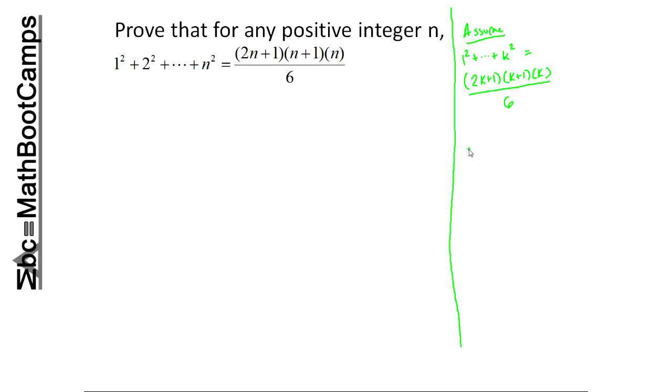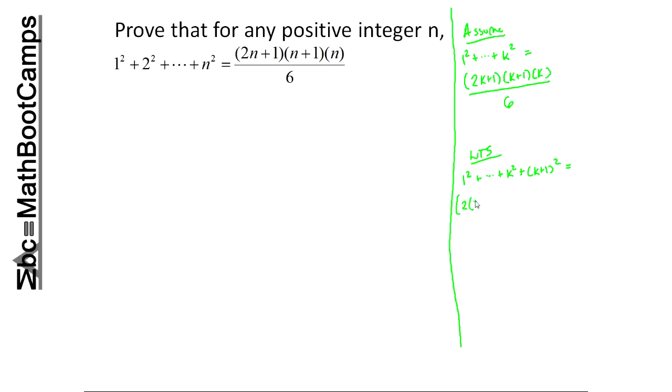And now we want to show that the formula works for k plus 1. So we want to show if you add up all the squared positive integers up to k plus 1, that you end up with this formula with k plus 1 plugged in.